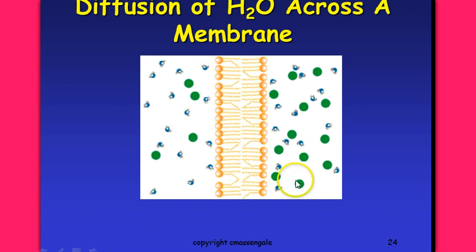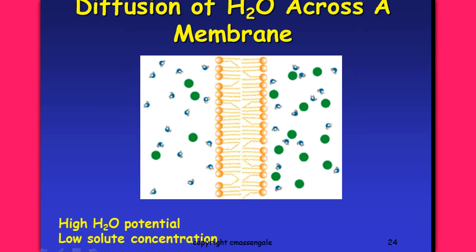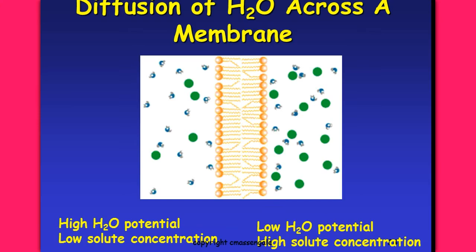Because there are more solutes on this side, that means there's less water. So that means that there is a high water potential on one side and a low water potential on the other. The amount of dissolved particles, the amount of solutes that are dissolved, is what affects that.